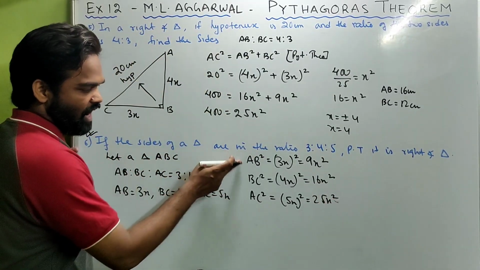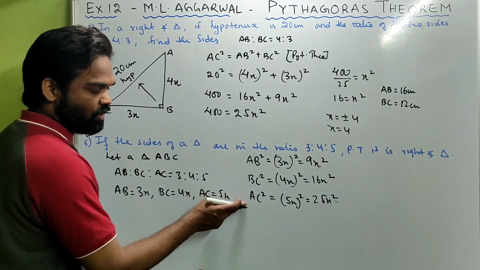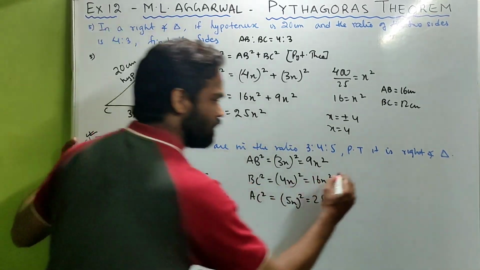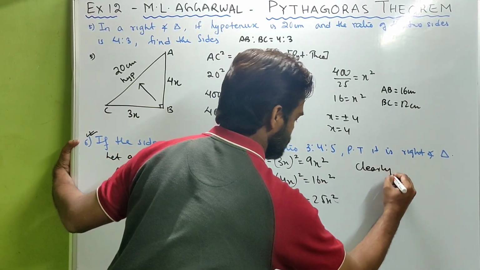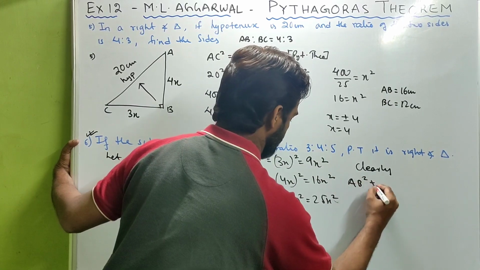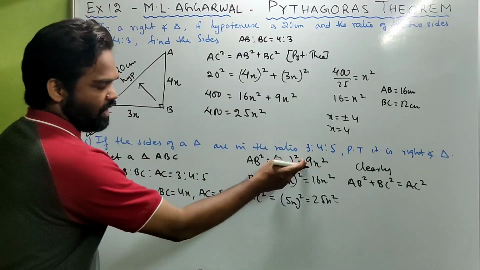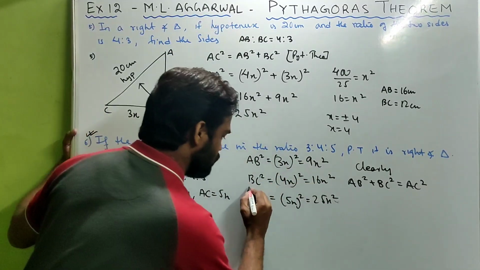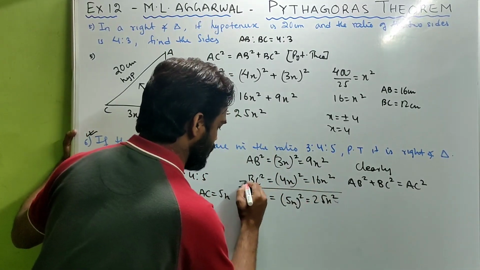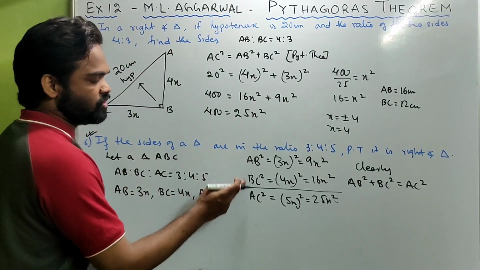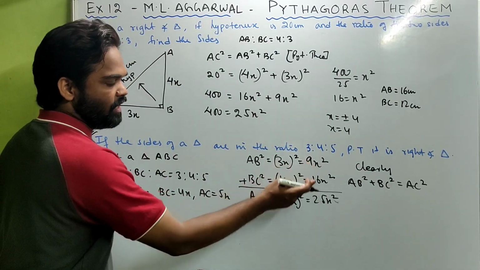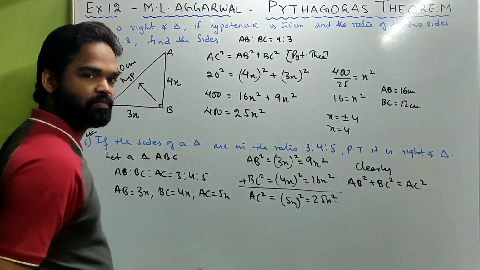Now look carefully. When you add AB square and BC square, you get AC square. Clearly, AB square plus BC square is equal to AC square in this case. 9x square plus 16x square is 25x square.